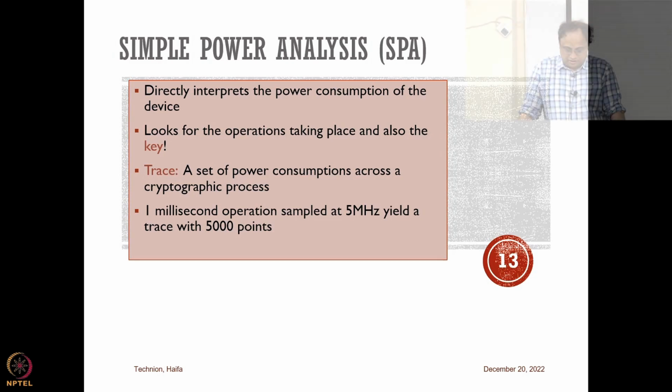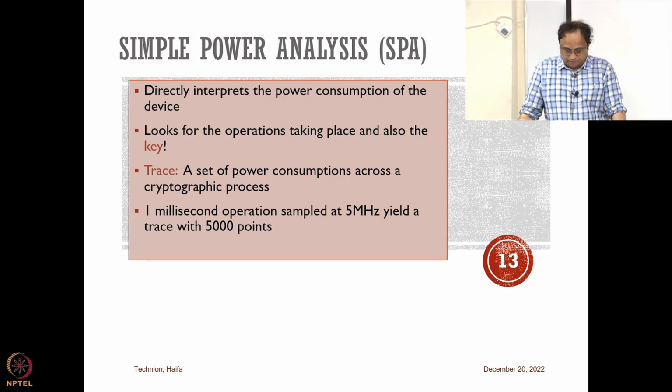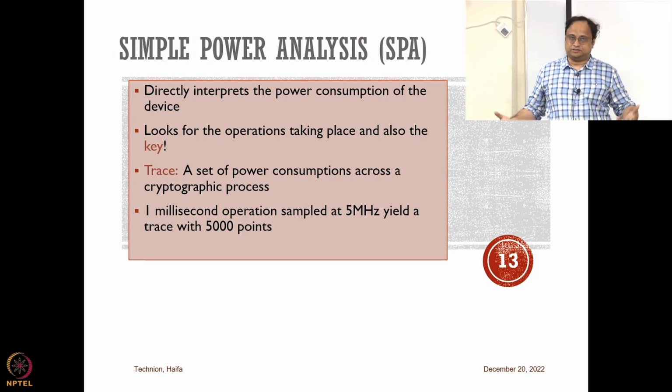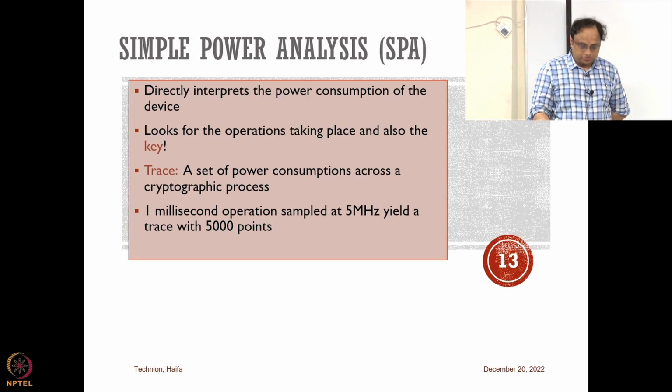In a simple power attack, let's talk about AES for instance. The reason why I am talking about AES is because it is still one of the most commonly occurring block ciphers. We will use certain terms. One of the terms that I will be using again and again is traces.